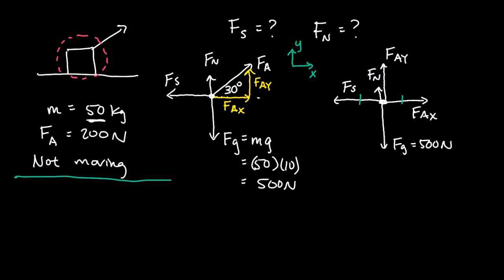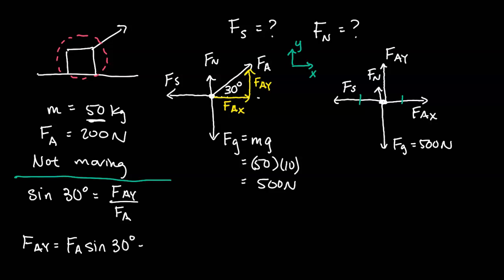Looking at my triangle where I have a 30-degree angle, if I take sine 30, using SOHCAHTOA, that's opposite over the hypotenuse. Opposite is Fay over Fa, which means that Fay is equal to Fa sine 30 degrees.